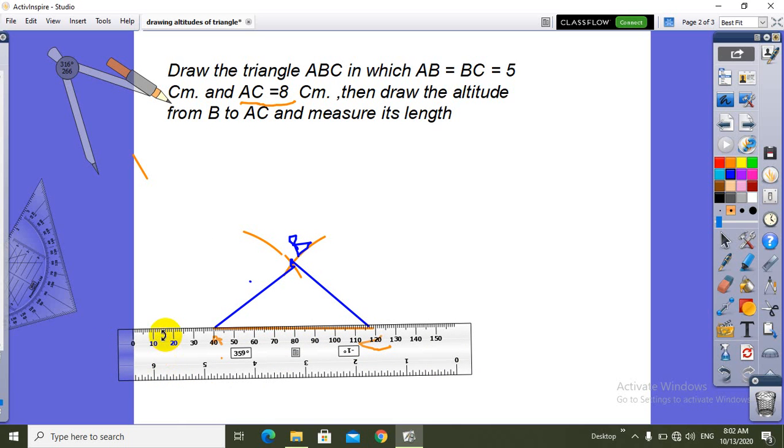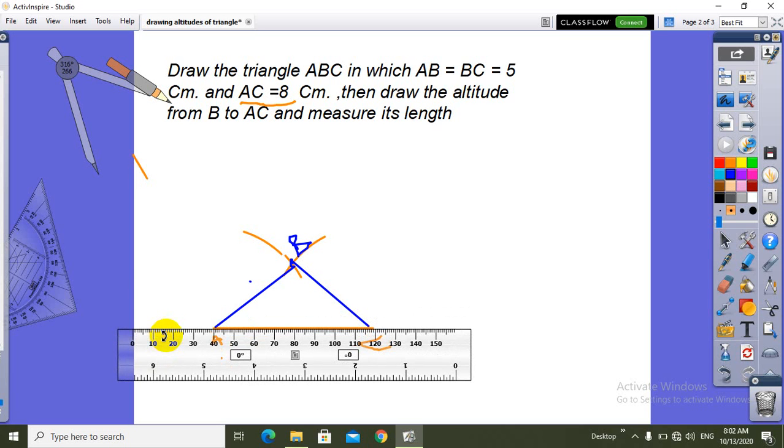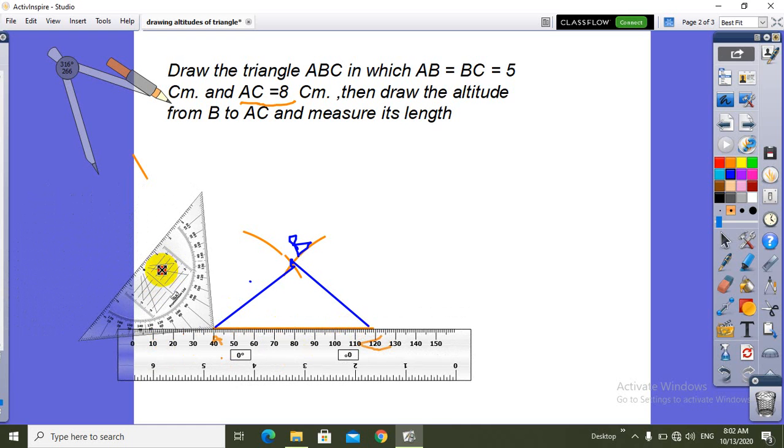I want to make this exactly on AC. That's not right. Now the ruler on AC exactly. Then I will use this set square in the position of a right-angled triangle. Then move it. When it reaches, no, that's wrong.